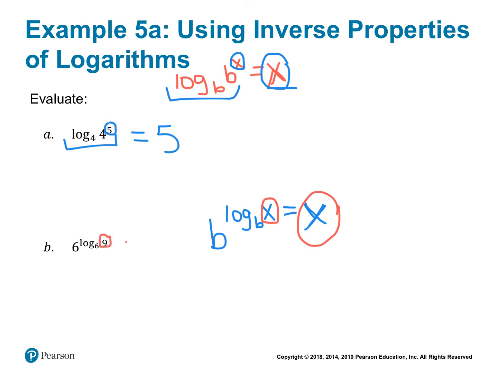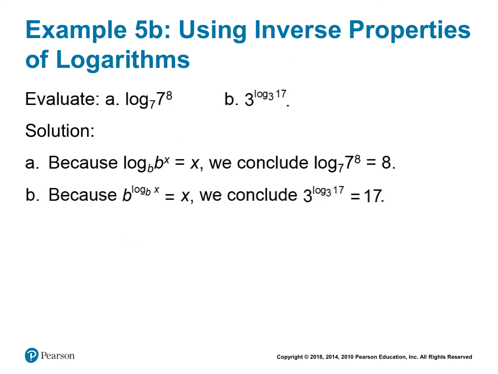So this is going to equal 9. And there's one more example you can look at. So again, you're kind of just matching these up. So if they give you this, this should be the same. And same here, match your x's up. So you should have a 17 on the other side. Okay, that's the end of part 1. We'll do part 2 in the next video.